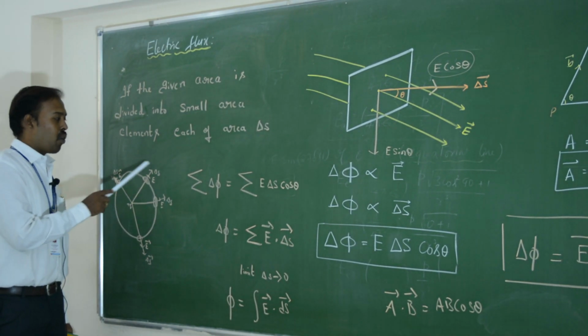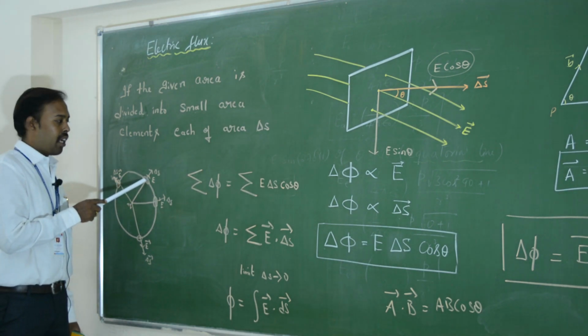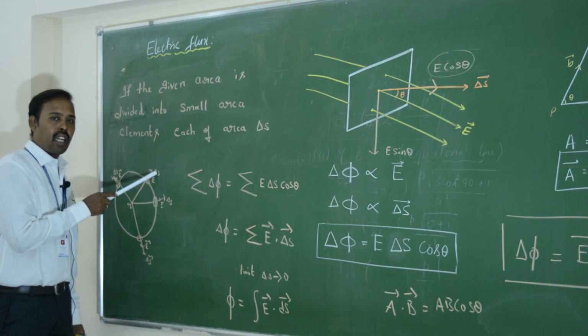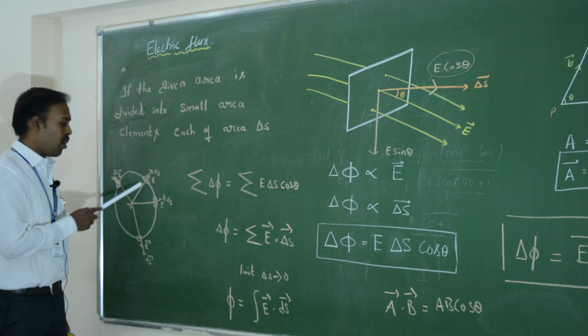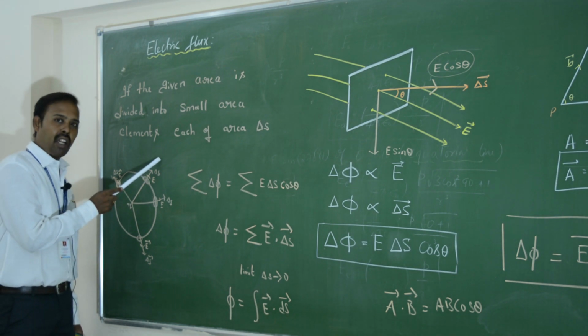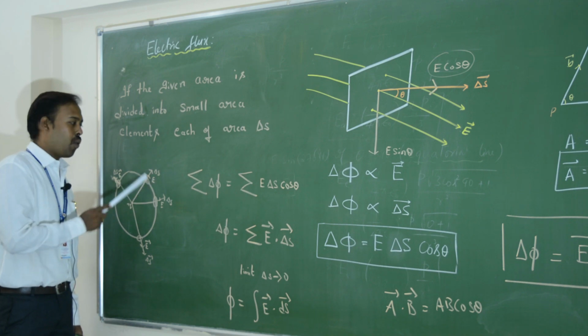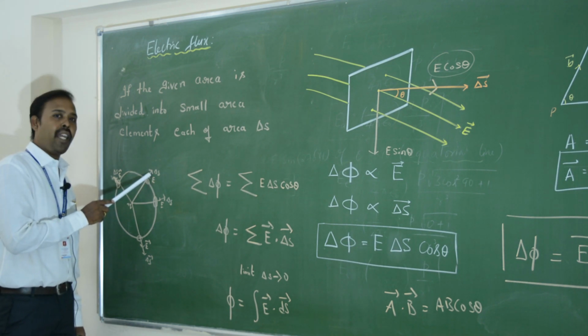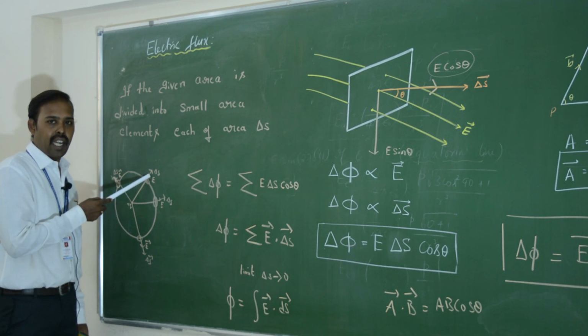To get the total flux here, we should know what the electric field is at this point and what is the direction of the area vector. The area vector at this point is along this direction, and the electric field is also along the area vector. So what is the flux here? The flux will be again E delta S.